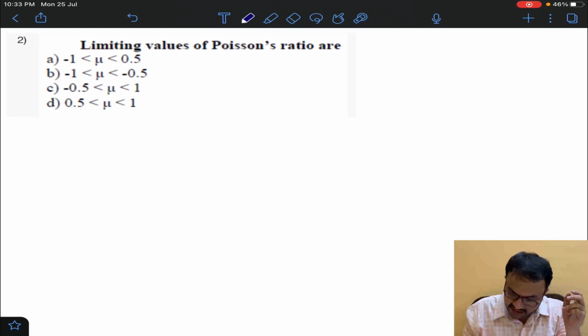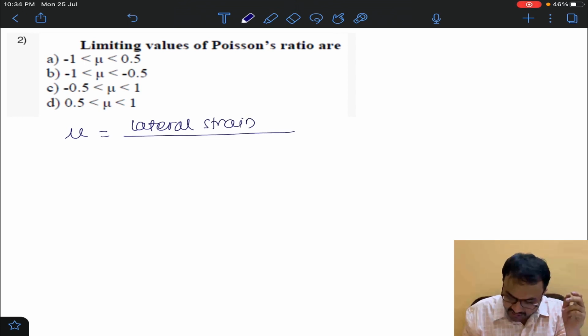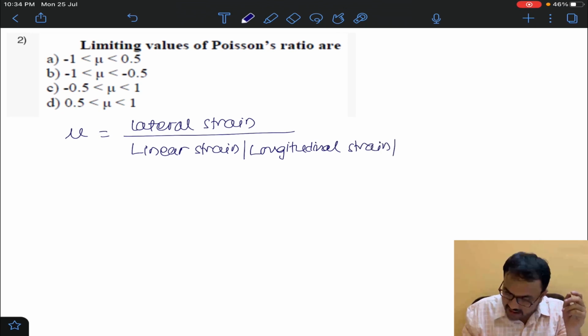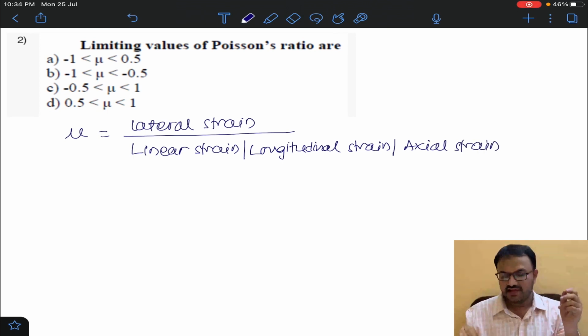Poisson's ratio can be shown by the symbol mu is equal to lateral strain divided by linear strain, or it is also called longitudinal strain, or again axial strain. Okay, that is, it is the ratio of lateral strain to longitudinal strain.